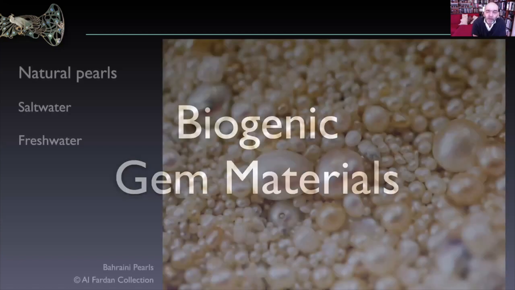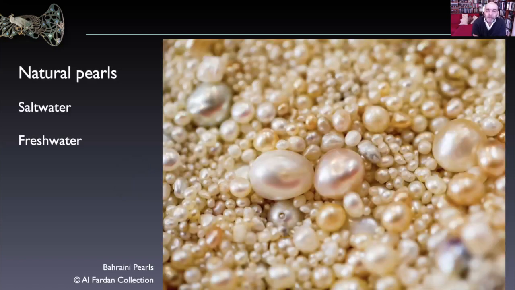And so natural pearls. He was living in a period when natural pearls were very expensive. They were around, but the good quality ones, like these huge ones here from the Alfardan collection, were hard to source, and they could reach outrageous prices.